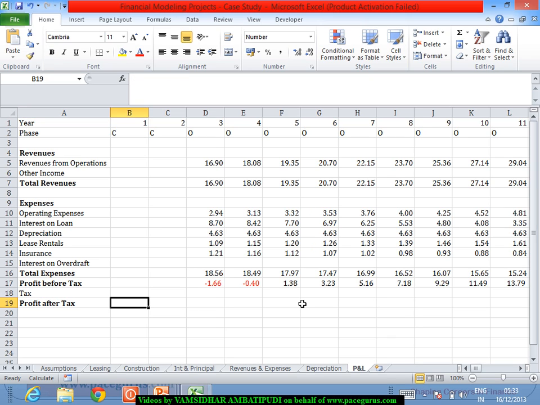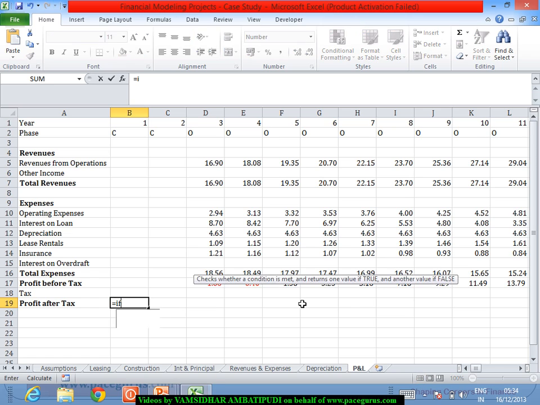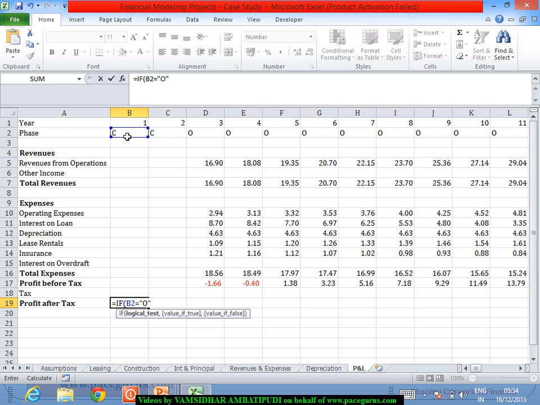But tax right now we don't have. So what I can do is the same, at least for profit after tax. So we have a responsibility to fill 3 or 4 elements.